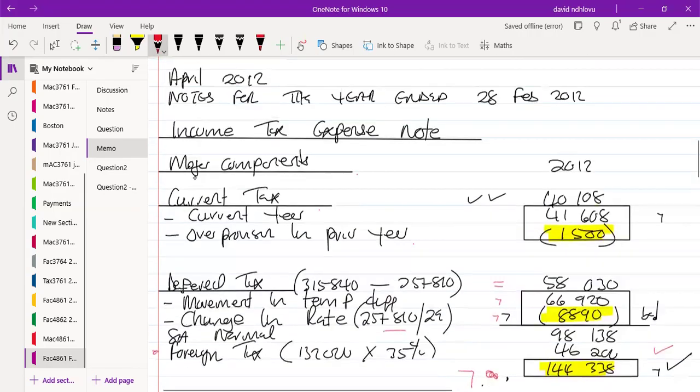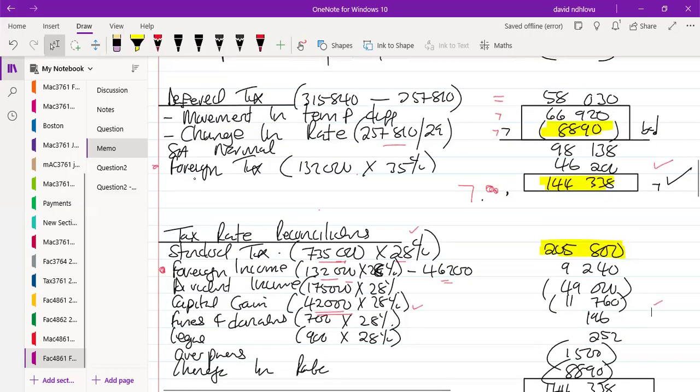So I may bring a similar question, but maybe I'll just throw in something, maybe a deferred tax on other comprehensive income, and then we cover that. So it will be just one more thing that I'm bringing on, but covering everything.